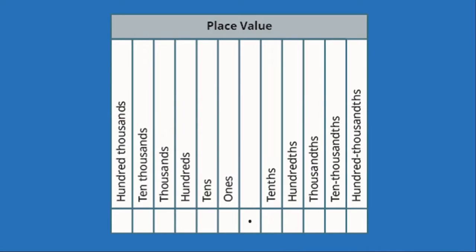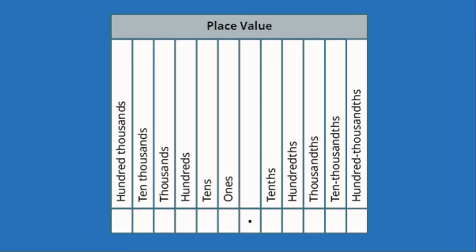Another thing we have to learn is our place values. If we look at our decimal point in our place value table, which is at the center, to the left is ones, after that tens, after that hundreds, and we go on to thousands, 10,000s, and 100,000s.